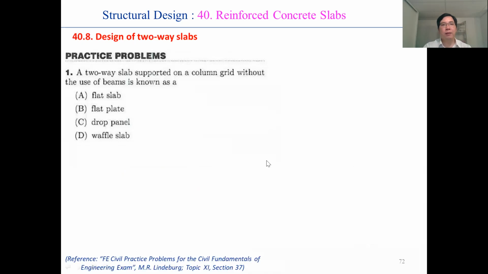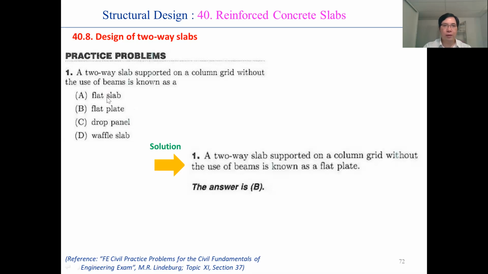Here is the second practice problem. A two-way slab supported on a column grid without the use of beams is known as a flat slab, flat plate, drop panel, or waffle slab.